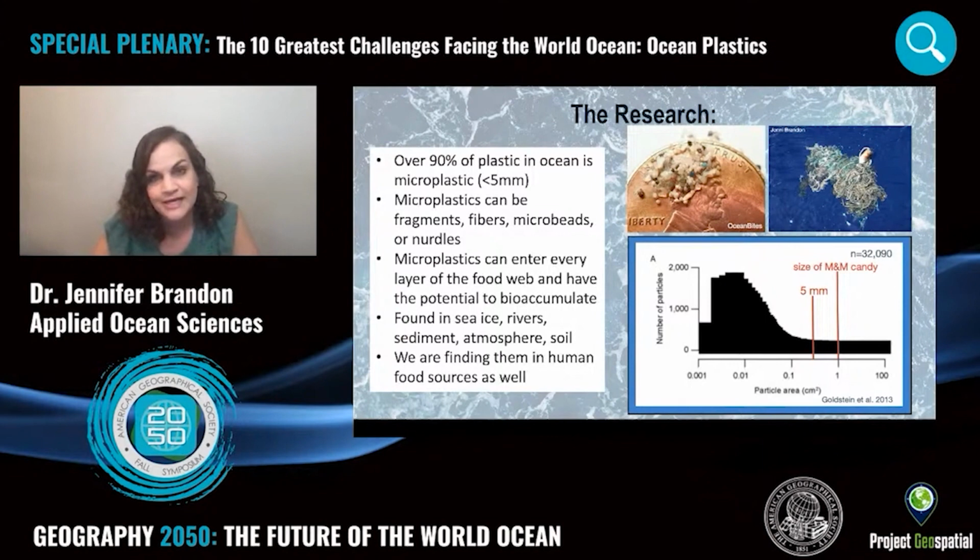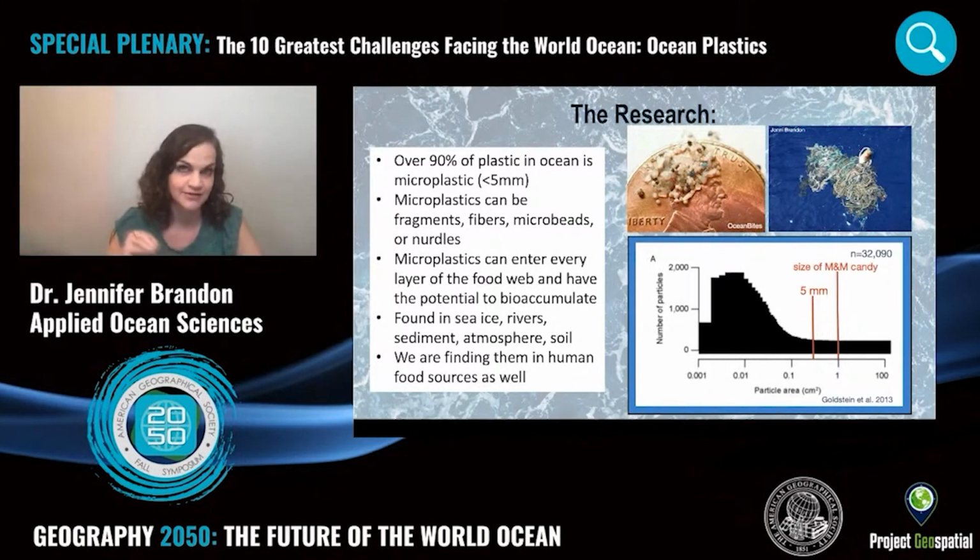The reason that microplastics are the issue in the ocean when it comes to plastic pollution is that they can enter every layer of the food web. They can be eaten by really tiny things like plankton, which are the base of the oceanic food web, all the way up to something like a blue whale that filters vast amounts of water and is eating microplastics as well. And microplastics have the potential to bioaccumulate in tissue.